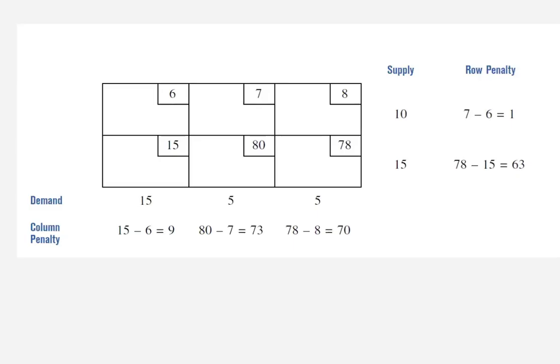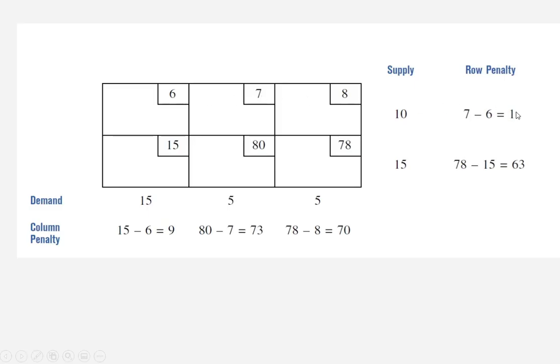For example, let's say we have 2 suppliers, 3 demand points. Sum of the supply is 25. Sum of the demand is also 25. So first I calculate a penalty for each row. The lowest cost 6, second lowest cost 7.